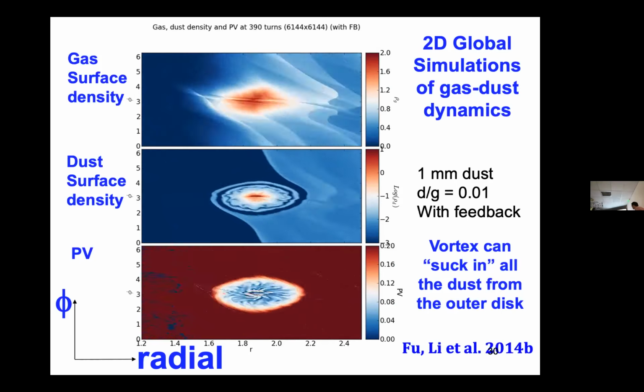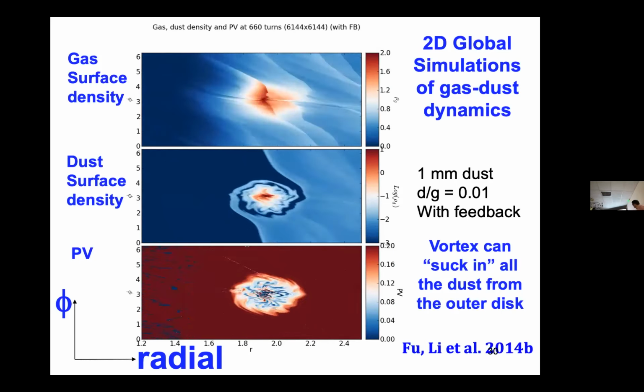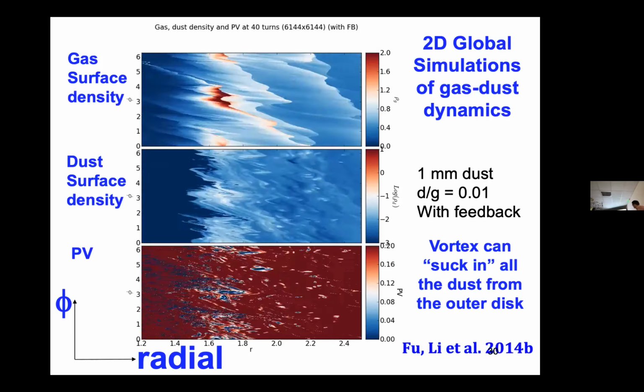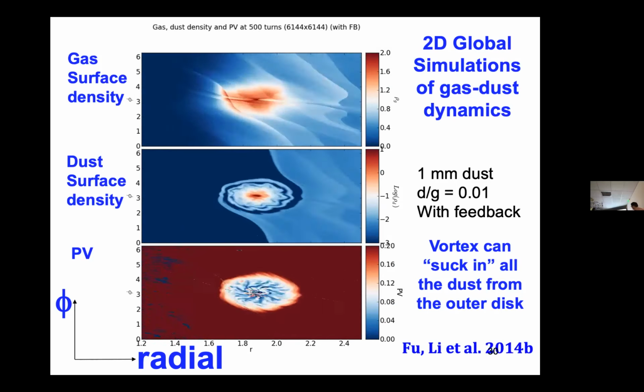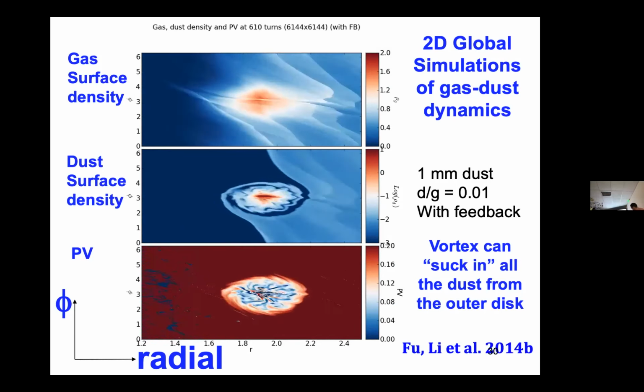This is another type of simulation where we want to study the trapping of the dust inside the vortex. And this is the gap. Now, this is radius, and this is phi from 0 to 2 pi, squashed in the direction. So it looks wrong, but really it's elongated, because this should be multiplied by 2 pi and be a lot bigger. You can see that this is the gas, this is dust, and the dust all drifts toward the center of the vortex.